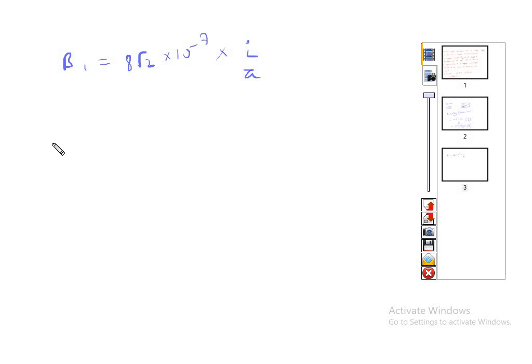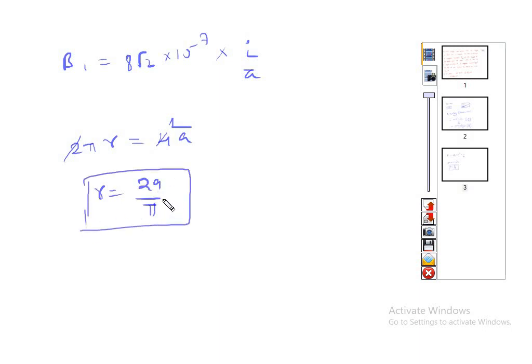When this square is converted to a circle, 2 pi r is equal to 4 times the side, right? So r is equal to 2a by pi. So you got a relation that r is equal to 2a by pi.